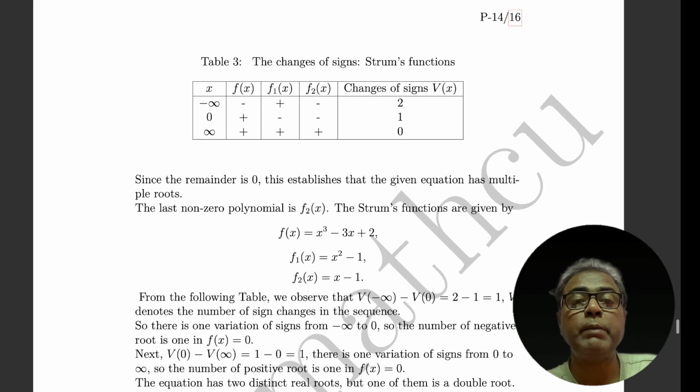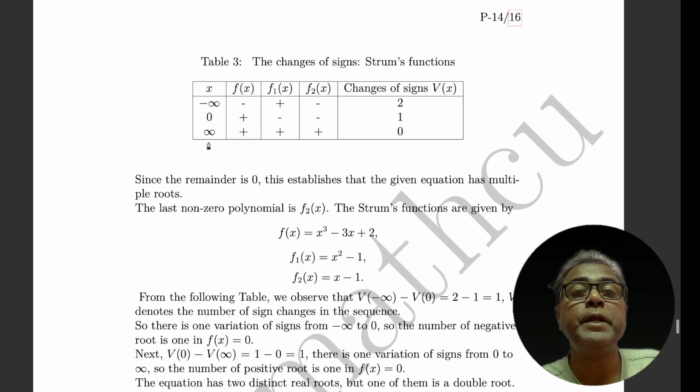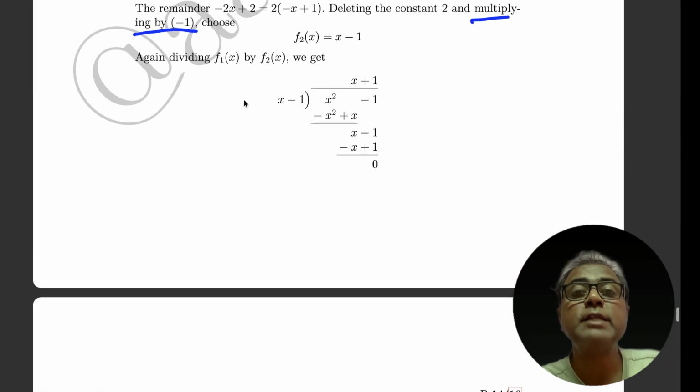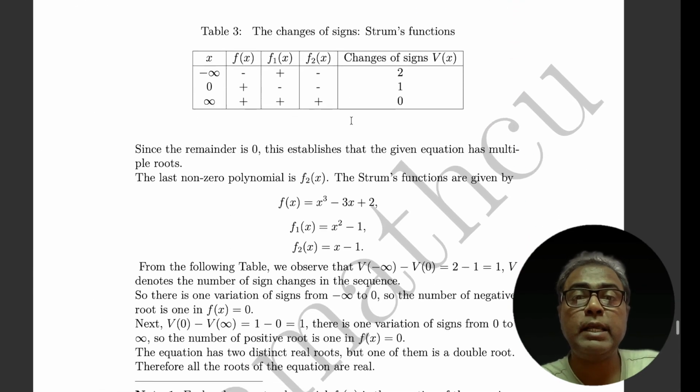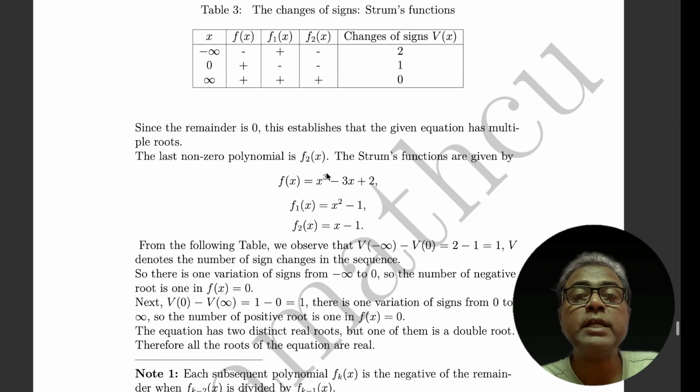From the following table, we observe the variation at infinity: minus infinity, 0, infinity. For f(x) = x cube, the highest degree term is x cube. Minus infinity means a large negative number, say minus 100.